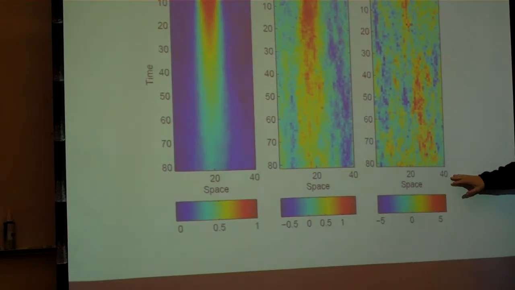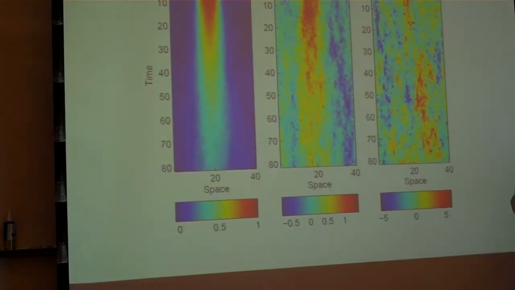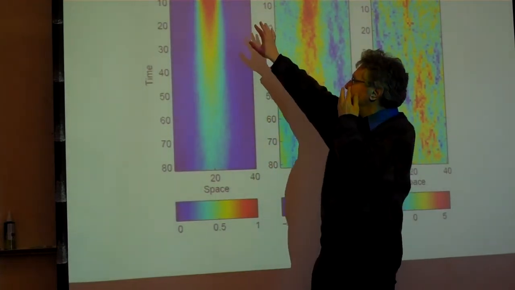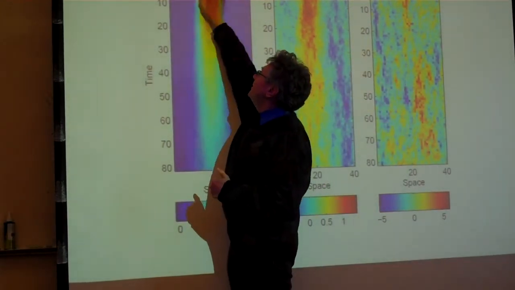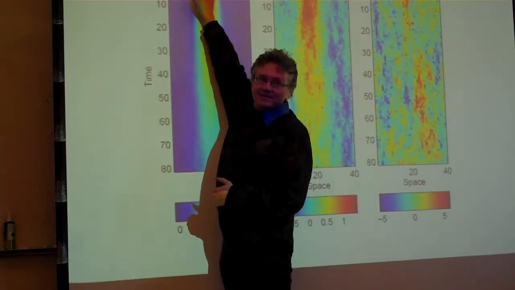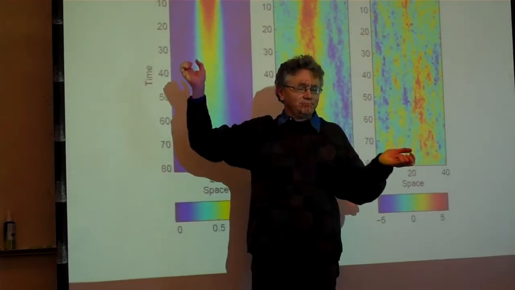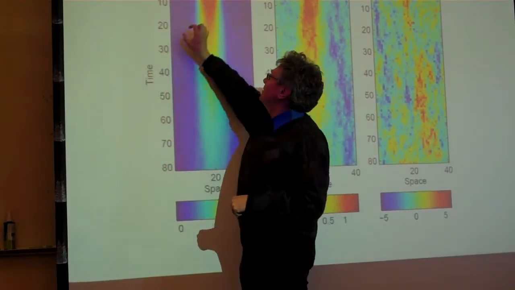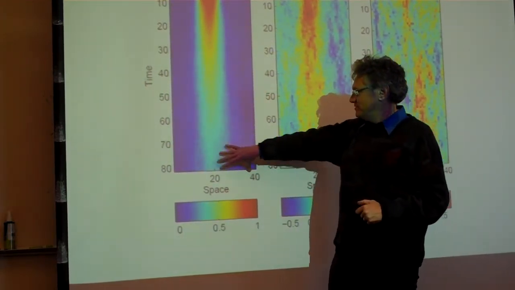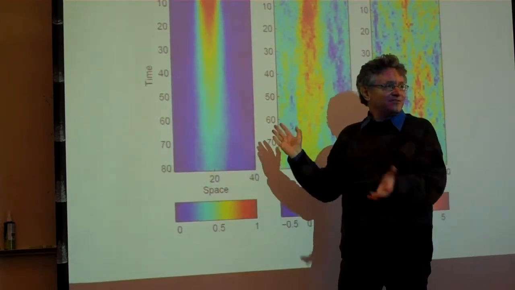I think it's a heat diffusion problem. If we look at this one, which doesn't have very much noise, we start off at time 0 with this high concentration of heat in the middle of, say, a metal rod, and then we're looking at how the heat diffuses out across the rod through time.